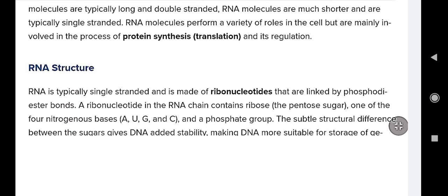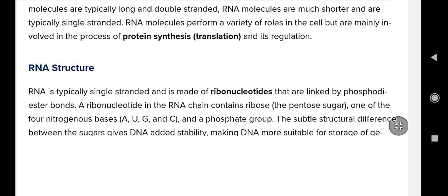I have already discussed a little bit about what is contained in RNA. It is the same as DNA, but the pentose sugar found in the RNA nucleotide is ribose sugar. So RNA is mainly single stranded and made up of ribonucleotides.